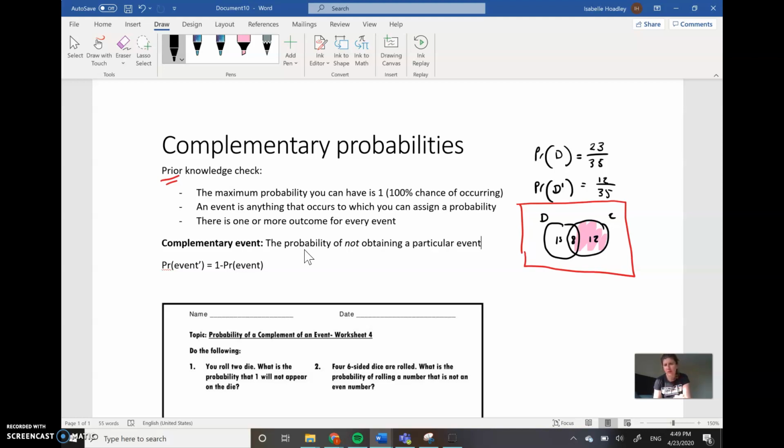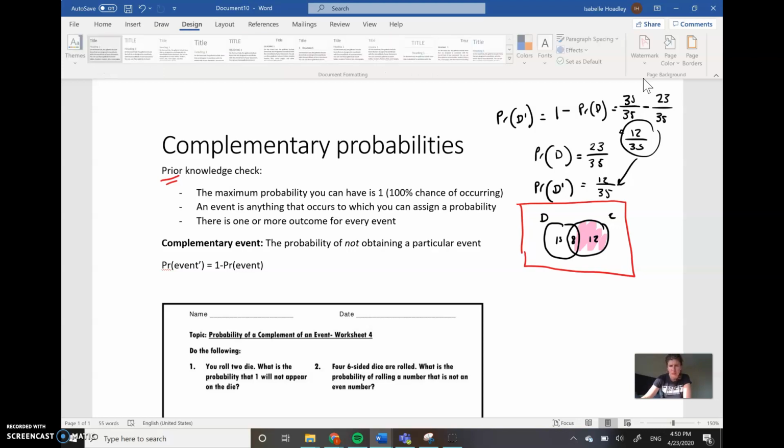So we could also work this out by saying the probability of not dogs is 1 minus the probability that they do have a dog. Now 1 as a fraction over 35 is 35 out of 35, minus 23 out of 35. 35 minus 23 is 12 out of 35. So you can see there that we still get the same outcome overall, which is what we're after.